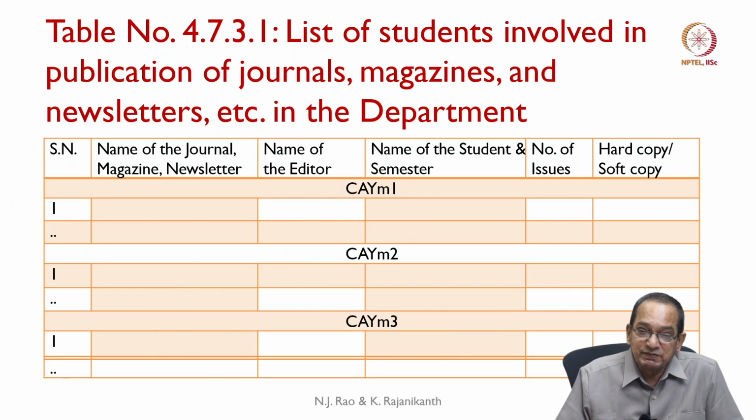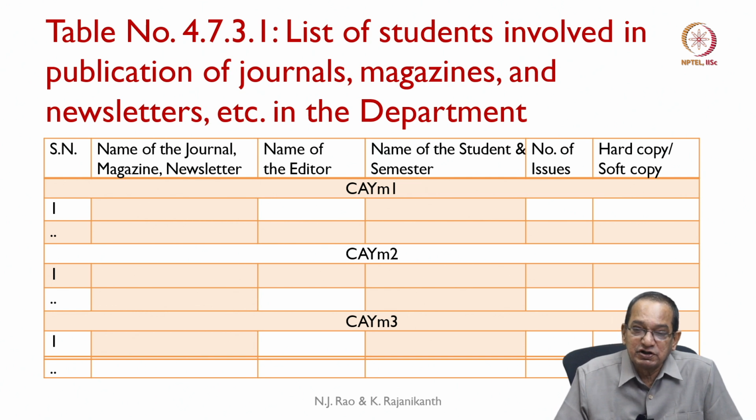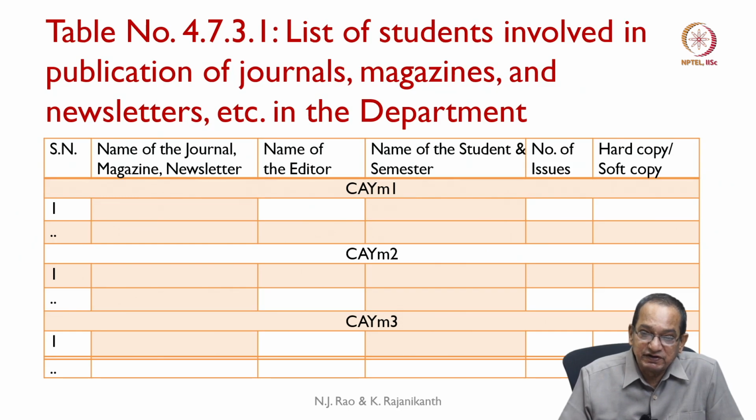which is a technical magazine. Notice that there is an institute level magazine in almost all institutes, which is published once a year, like a souvenir released at an event, a college magazine. We are not talking of the college magazine or the institute magazine, that is a different affair.